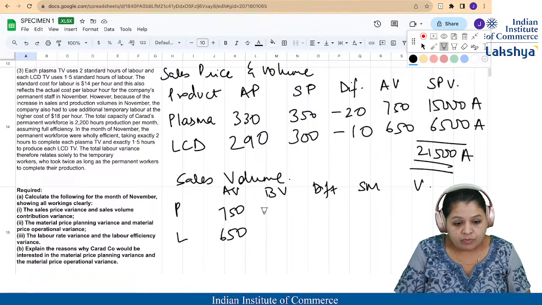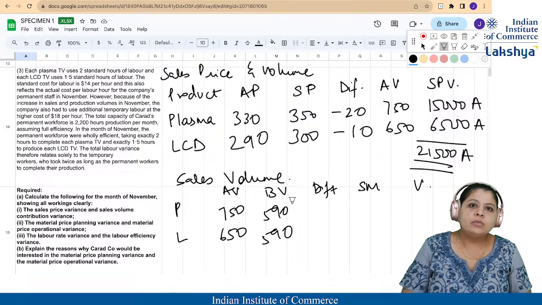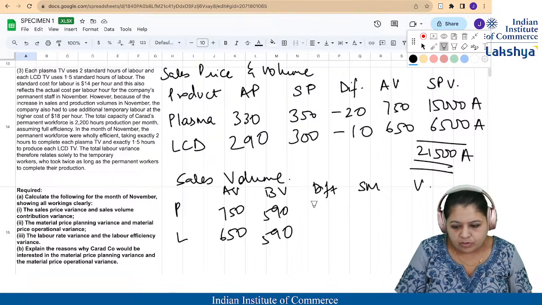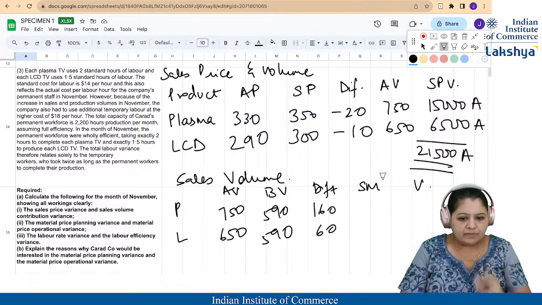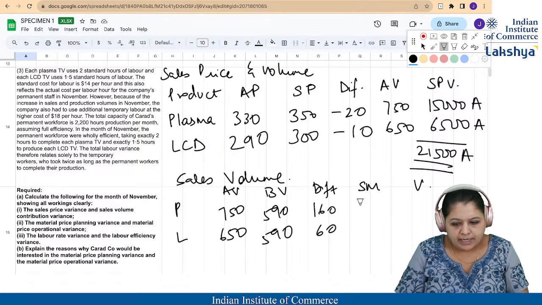Your budgeted volume was 590 for each. That means under both the circumstances, you sold more than you were supposed to sell, right? So that is obviously going to be a favorable value of 160 and 60. Your standard margin is your contribution, which is also given in the question, directly 190 and 180.